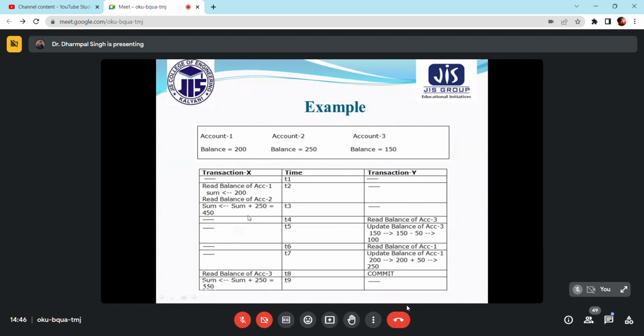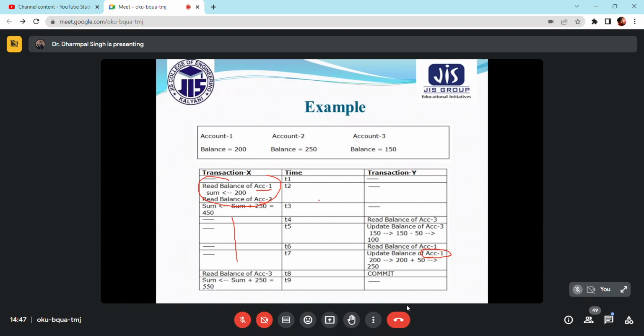After that, it is doing some other task. Meanwhile, when it is doing those other tasks, this is the main part. Here it has read account 1 and account 2, and after that it is doing some other tasks. Meanwhile, I can see that this transaction updates the value.